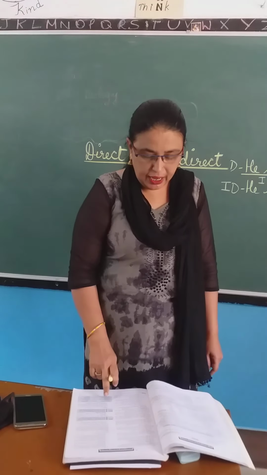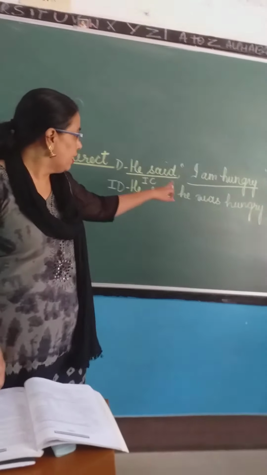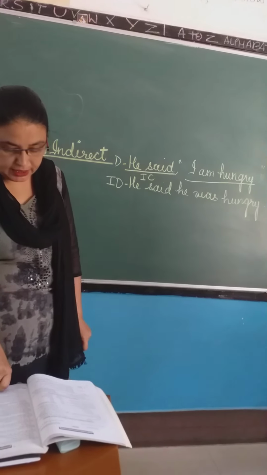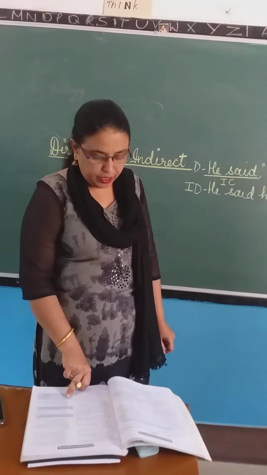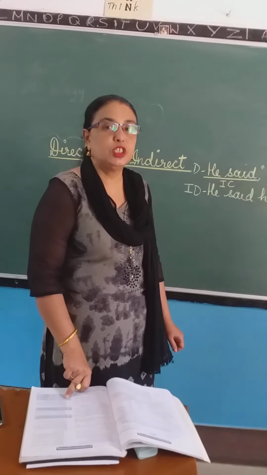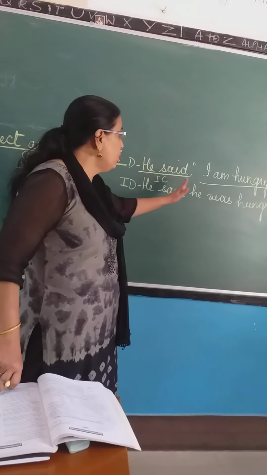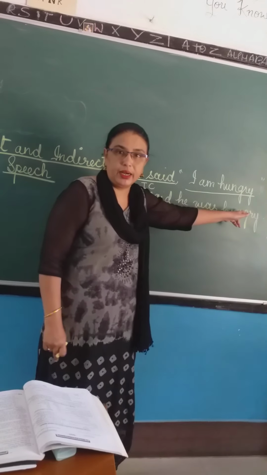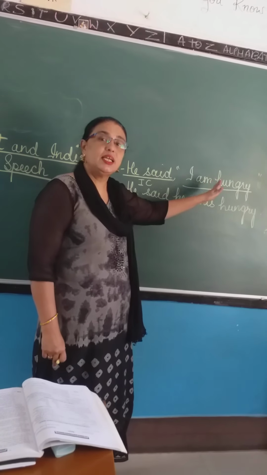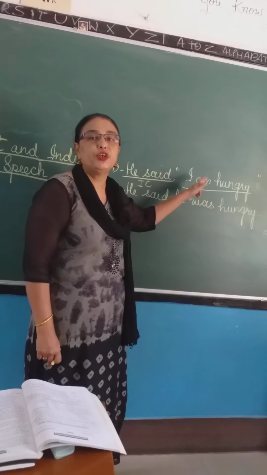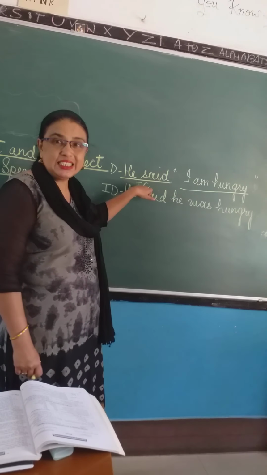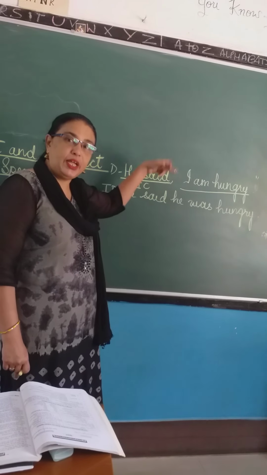Again I will repeat, in direct speech the words which are outside the inverted commas are called the introductory clause, as they are introducing the words of the speaker. Because if I say only "I am hungry," the question will arise: who said these words? We have to introduce the speaker, whether it is he said, she said, I said, they said.